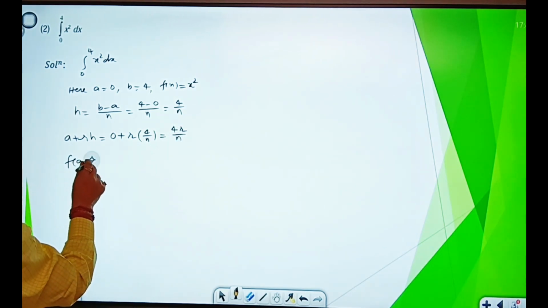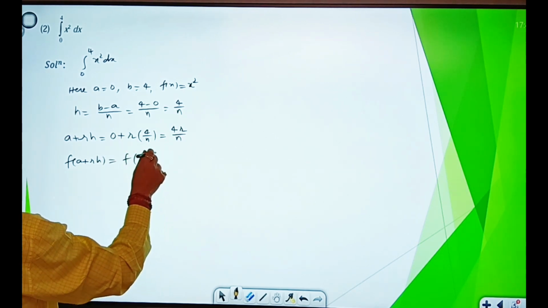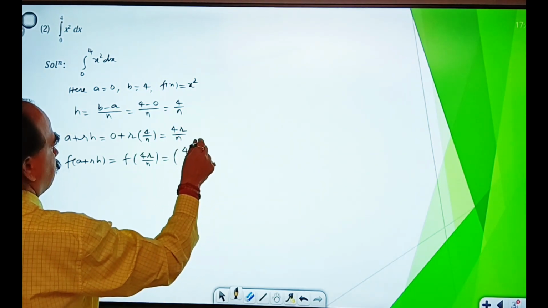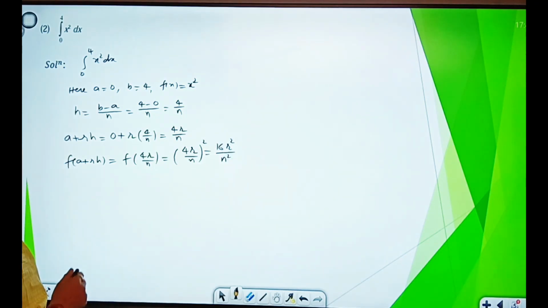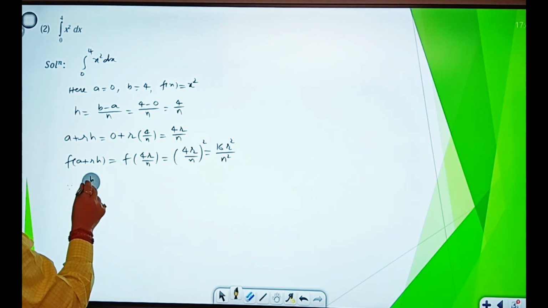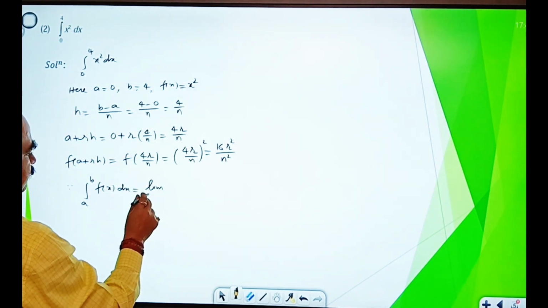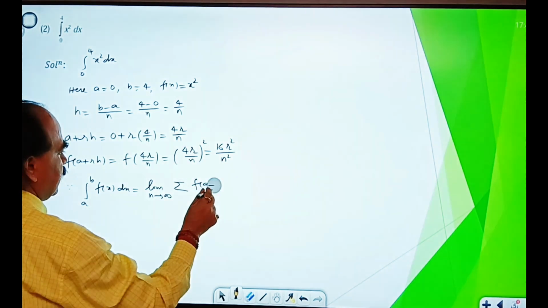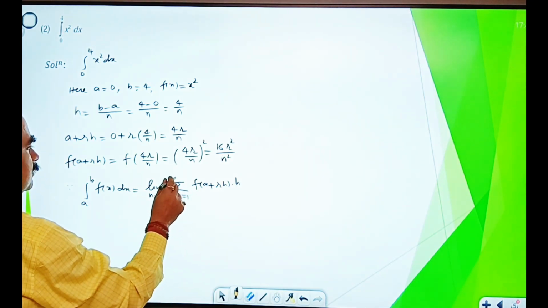Therefore, f of (a plus rh) is f of 4r by n, which is (4r by n) square, which is 16 r square by n square. Since integral a to b f(x) dx is limit n tends to infinity, sigma f of (a plus rh) into h, where r takes value from 1 to n.